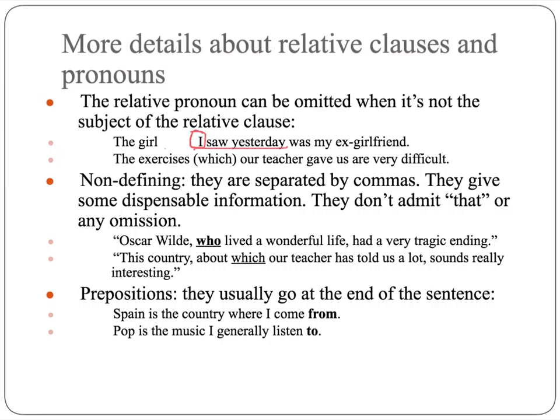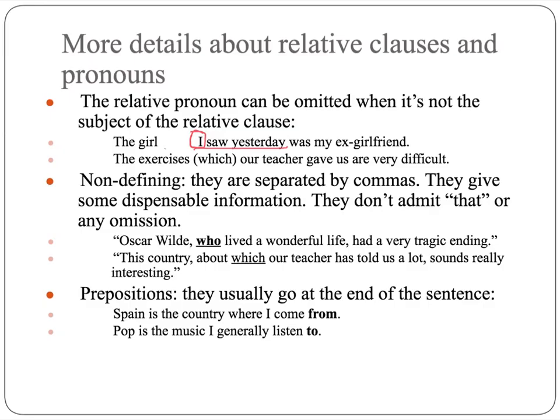The main characteristic of non-defining relative clauses is that they are separated by commas, okay? And they give some dispensable, non-essential information. Now, one of the qualities of these non-defining sentences is that they don't admit that or any omission, okay? So everything we saw here doesn't apply here, okay?